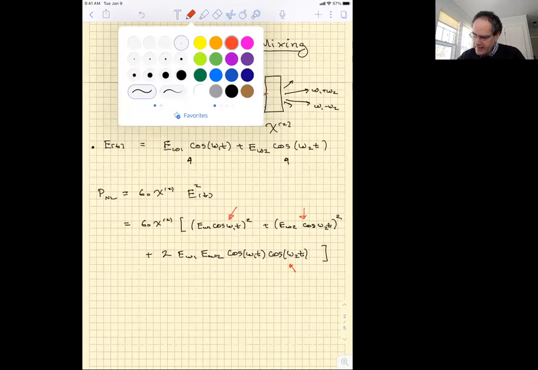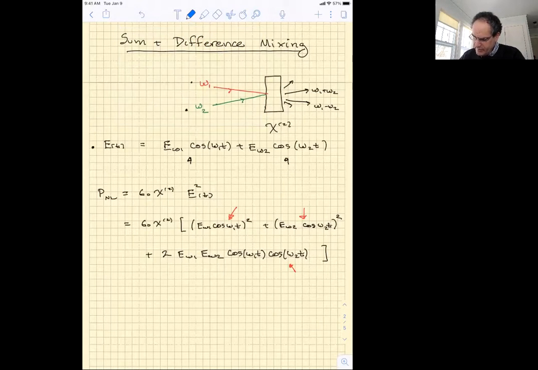To interpret it, we just have to remember a trig identity: cosine of A times cosine of B is equal to 1/2 cosine of A plus B plus cosine of A minus B. And applying that here, we get the following.